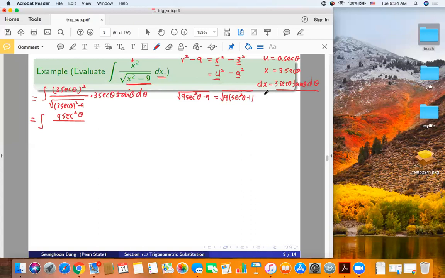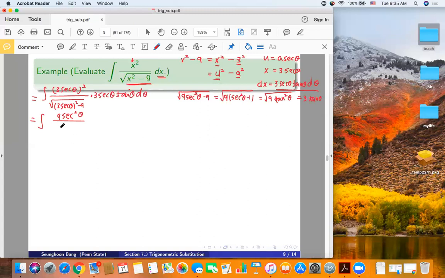To remember, what is secant squared theta minus 1? It's tangent squared theta. So you can eliminate the square root. The square root of 9 is 3, and the square root of tangent squared theta is tan theta.